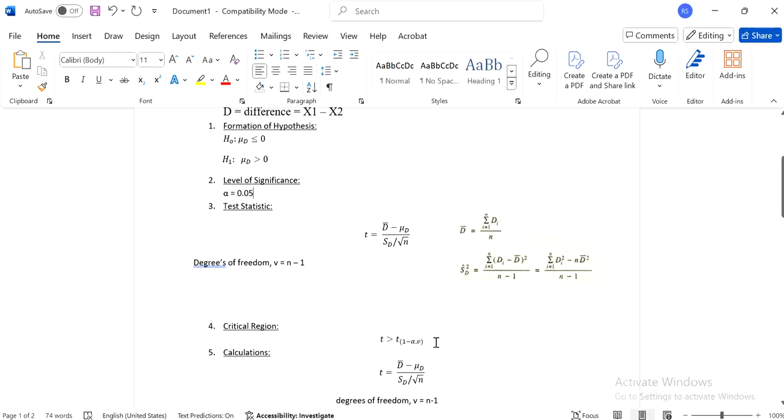Step number 4 is the critical region. The actual critical region in this case is given, but as we are using software, we will use the p-value. P-value is less than alpha.